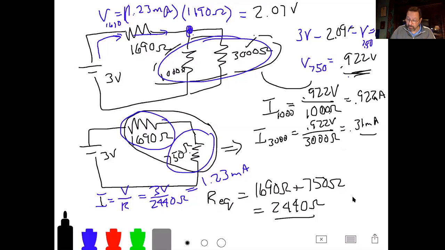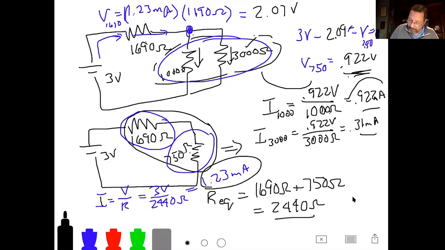Okay, so we've answered the problem, I guess. We found the current. There was 1.23 milliamps leaving the battery going through the 1690 ohm resistor. And then that splits: there was 0.92 going through the 1000 ohm resistor and 0.31 going through the 3000 ohm resistor.